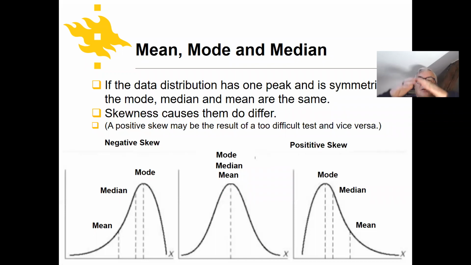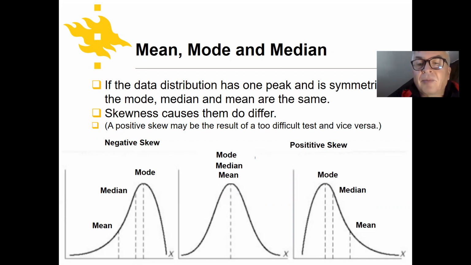You have situations which we call skewed, where the distribution is kind of leaning to one side or the other. And here you have a negative skew, where the tail, or long end, goes towards the small results.